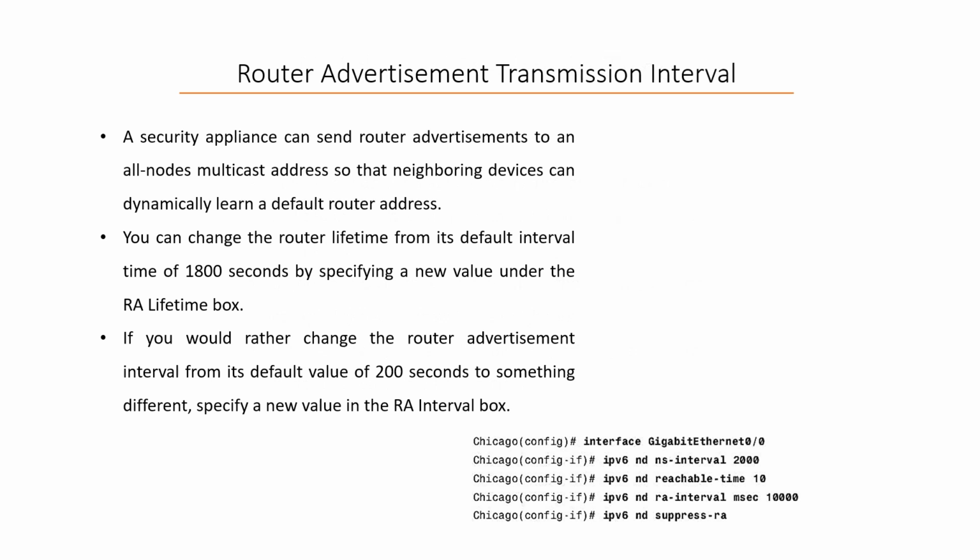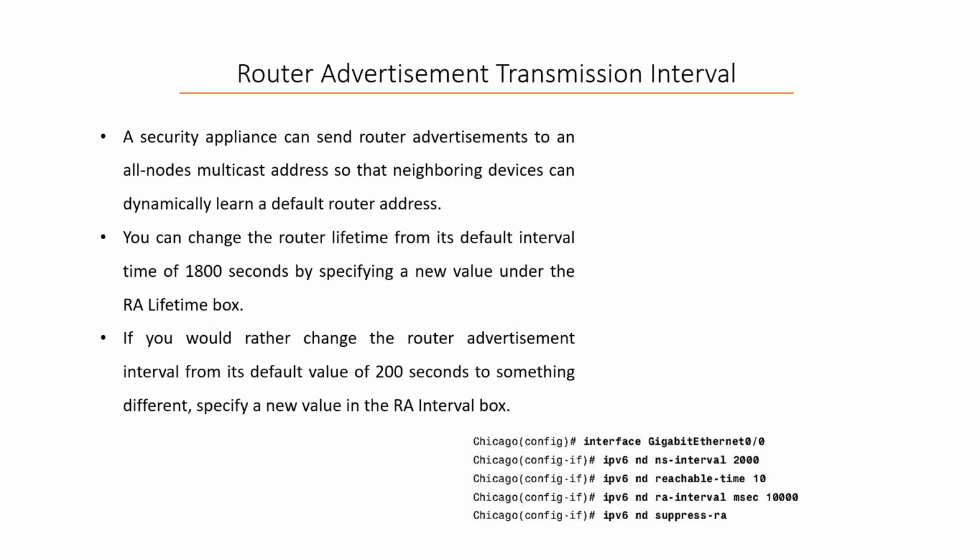Router advertisement transmission interval. A security appliance can send router advertisements to an all nodes multicast address so that neighboring devices can dynamically learn a default router address. The security appliance includes the router lifetime value to indicate its usefulness as the default router on the network.